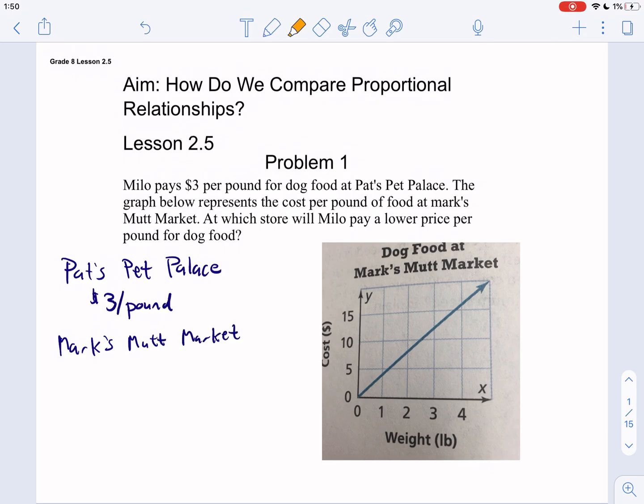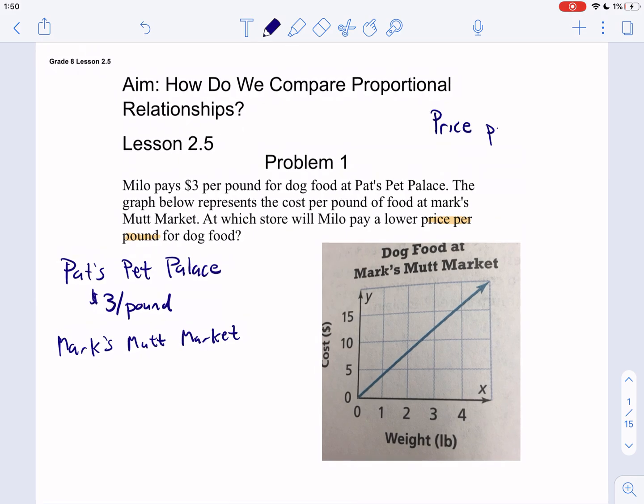When we're trying to find the price per pound or any number per something else, it is always going to be in a fraction form. So price per pound means we're going to do the price over the pound. And that will give us the price per 1 pound.